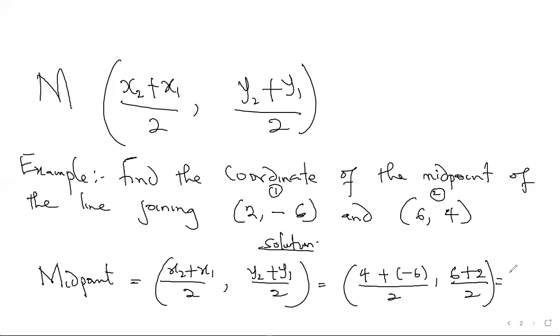That will give us 4 minus 6, which is minus 2 over 2, and 6 plus 2, which is 8 over 2. Now the final answer will be minus 1, 4. This cancels this, and this cancels this. So that is the coordinate of the midpoint.